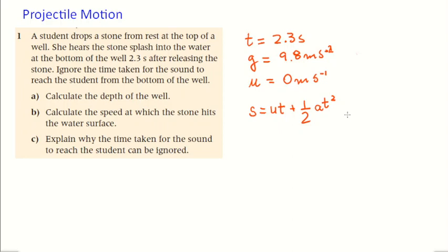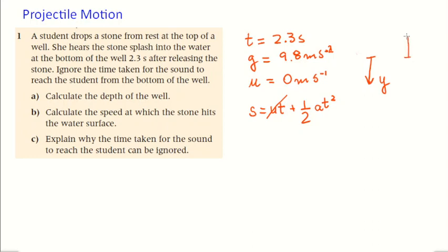Now, let's observe. First thing, our initial velocity is 0, so this term will go away, because 0 times anything is 0. So we have our gravity and our time. Now we have to make a decision here. If we decide our frame to be positive downwards, then our acceleration will be positive and our displacement will also be positive, and we'll have to remember that we're counting distance downwards.